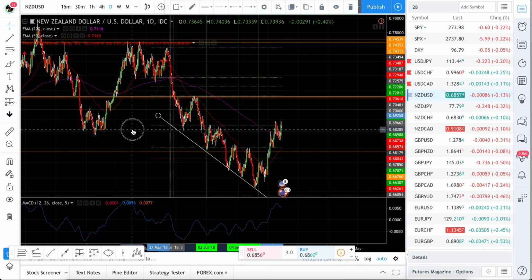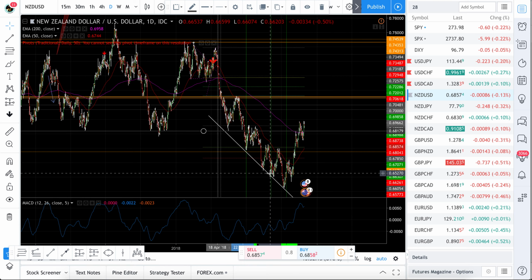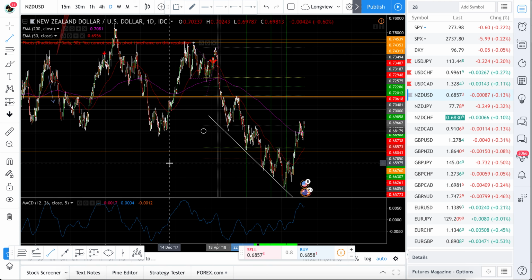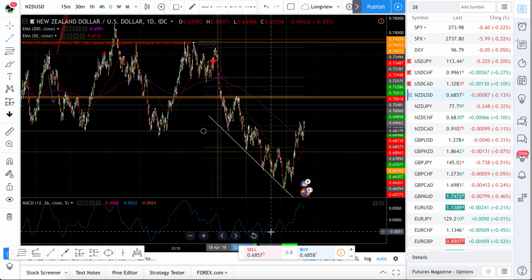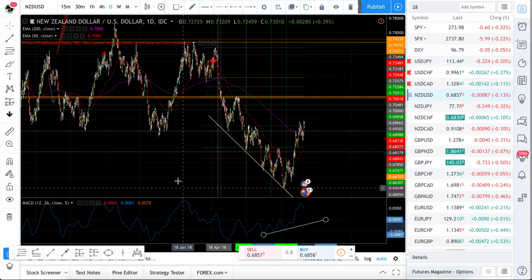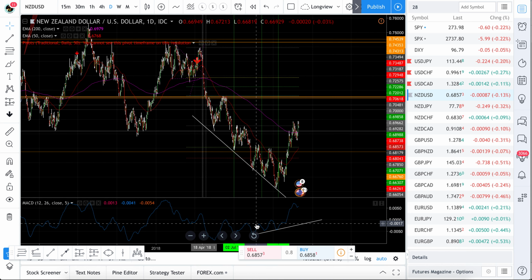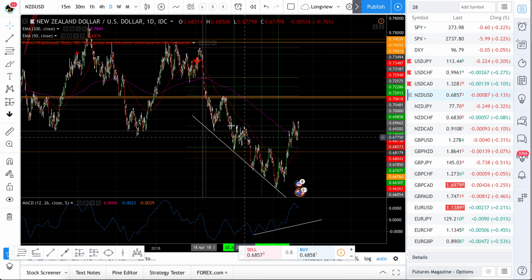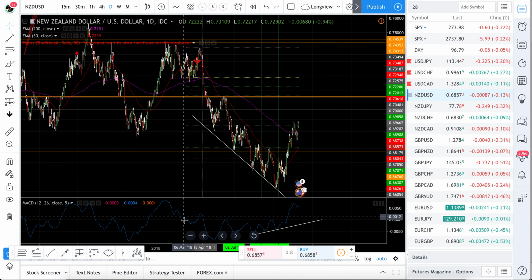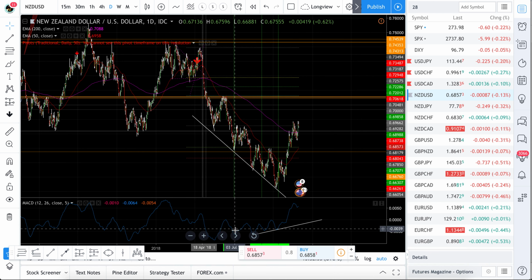Okay, let's do that. See that white line? Now let's draw a white line that kind of goes along with this. Whatever, it doesn't have to be perfect. This is just for you to see. This was going down. MACD was kind of sideways.